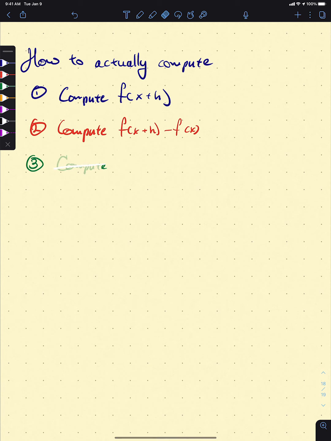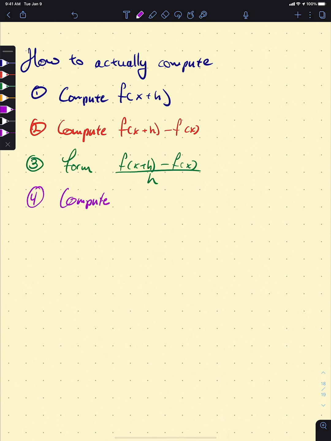Third, we're going to form f of x plus h minus f of x over h, and then finally we compute our limit as h goes to 0 of f of x plus h minus f of x over h. Okay.